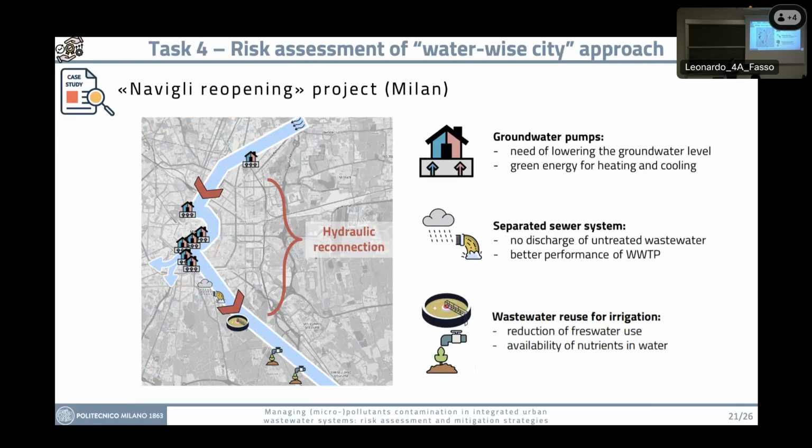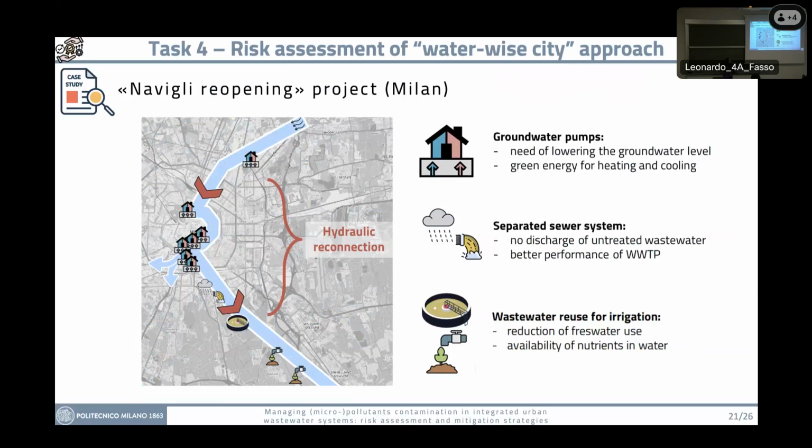Then we wanted also to assess the impact of the separation of the sewer system that allows a better performance of the treatment plant and not discharging the untreated wastewater. Moreover, we also included in the system the reuse of the wastewater for irrigation that allows the reduction of freshwater use and the availability of nutrients that are already in the water.